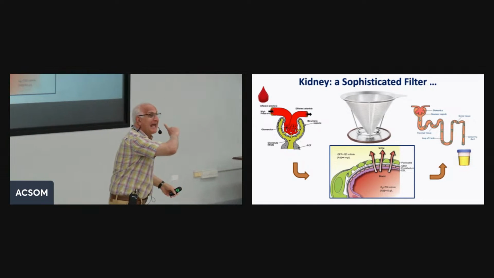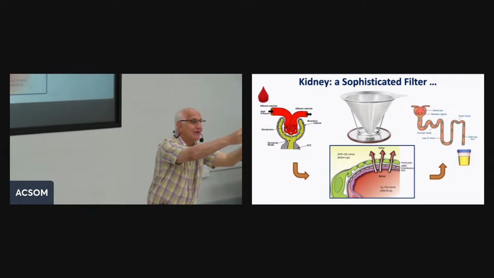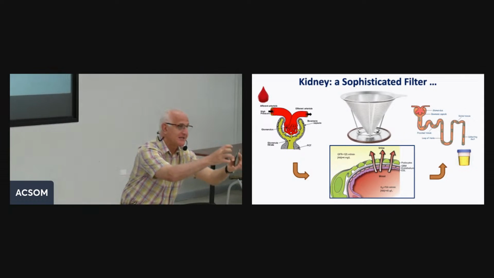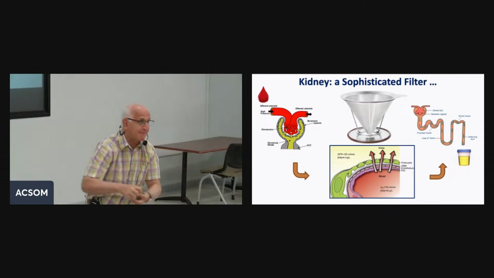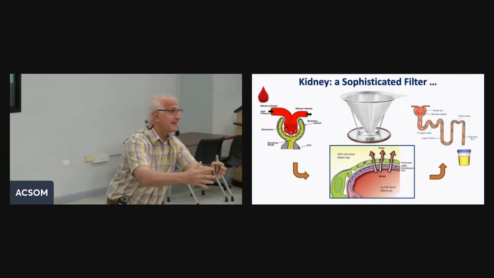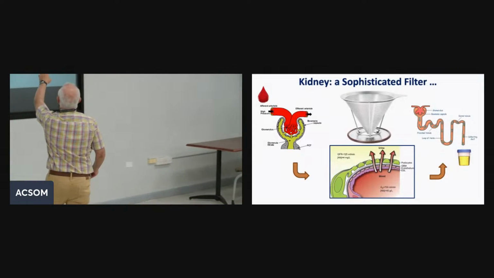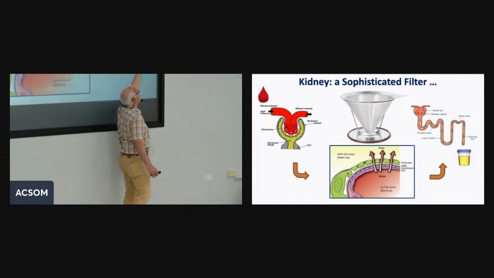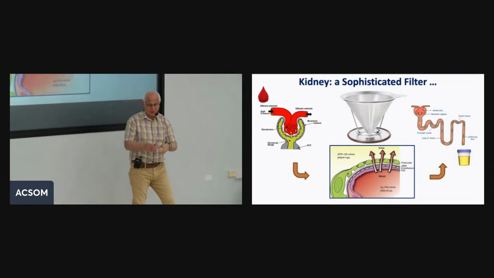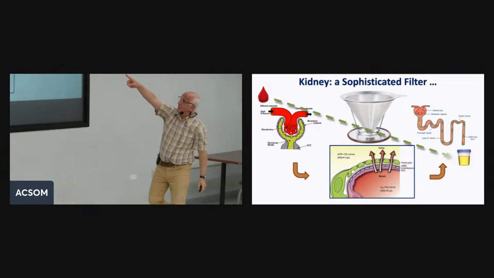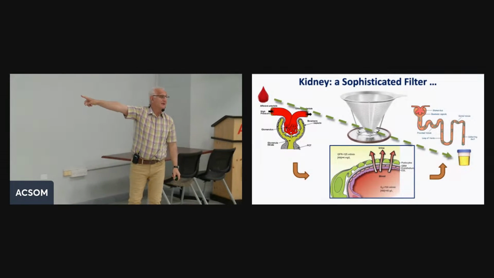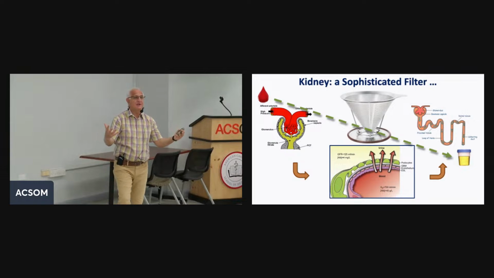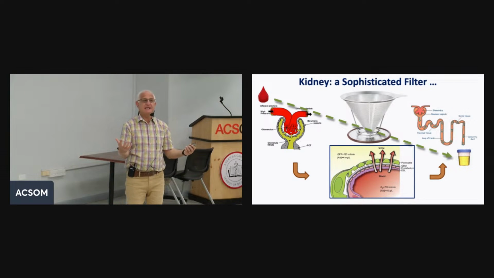All the changes happen after the filtration. Potassium is reabsorbed, amino acid is reabsorbed, glucose is reabsorbed, creatinine is secreted. Everything is happening along these tubules until you and I have access to this. So basically, we go from the blood to the urine. That's the function of the kidney. Does that make sense?